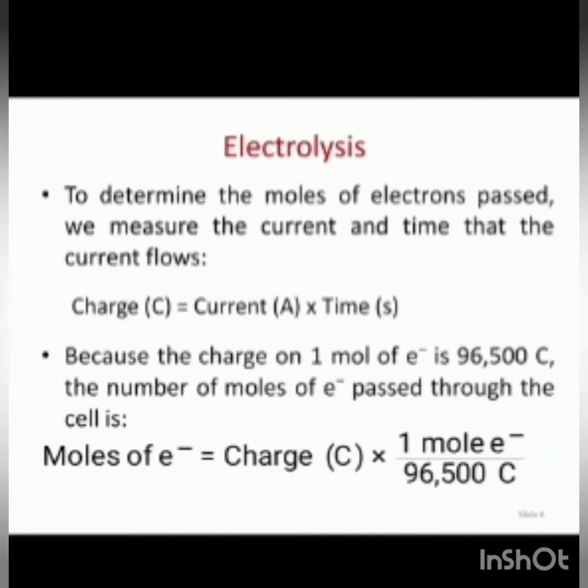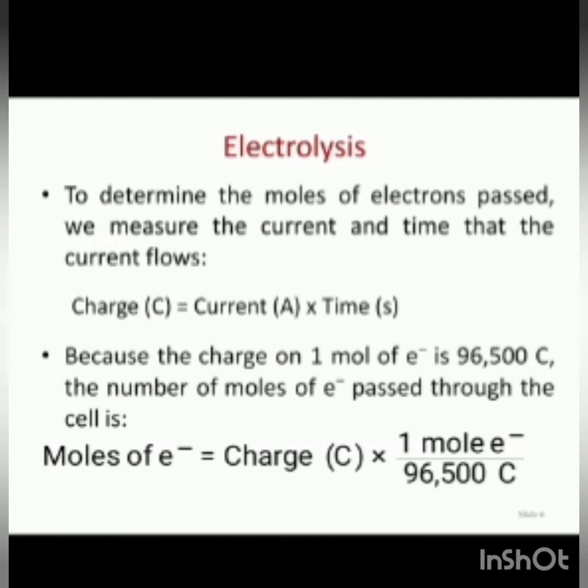Now, to determine the moles of electrons passed, we measure the current and the time that the current flows. Charge is the multiplication of current and time. Current is measured in amperes and time in seconds.